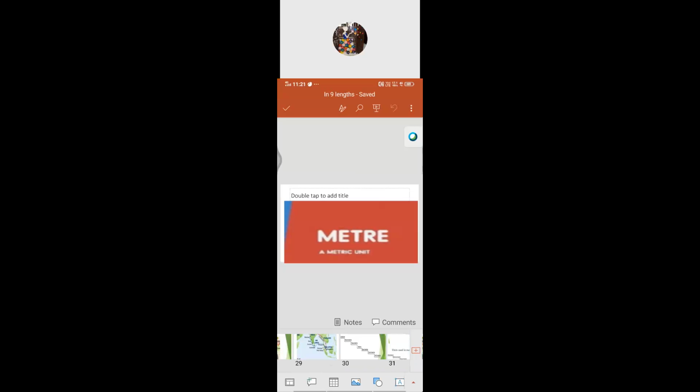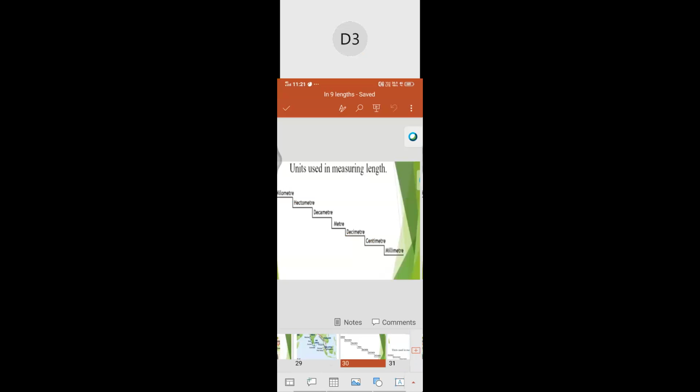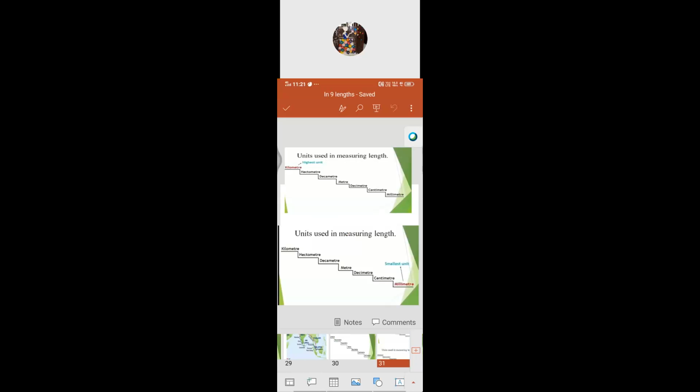Shamil, can you tell me what different units you have seen last time? Kilometer, centimeter, ma'am. Very good. The units used in measuring length are kilometer, hectometer, decameter, meter, decimeter, centimeter, millimeter.